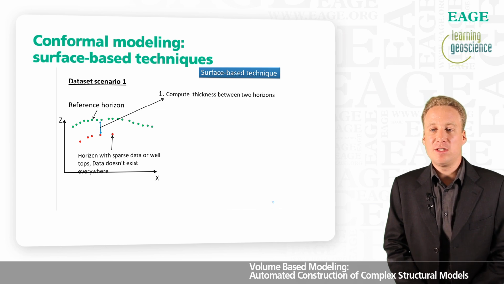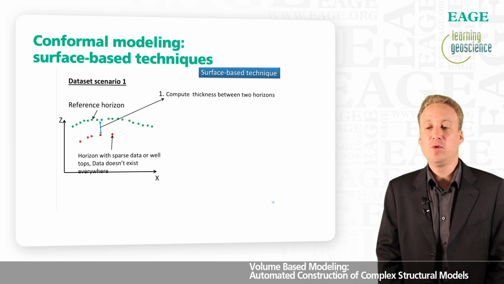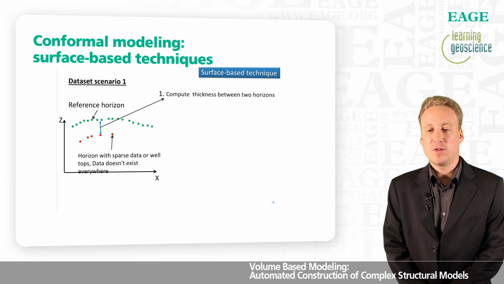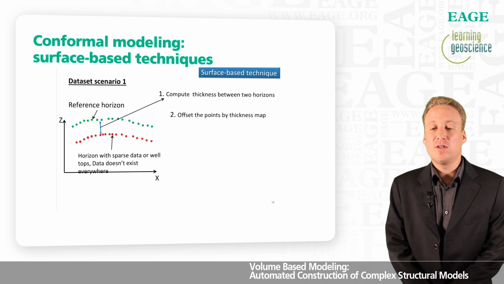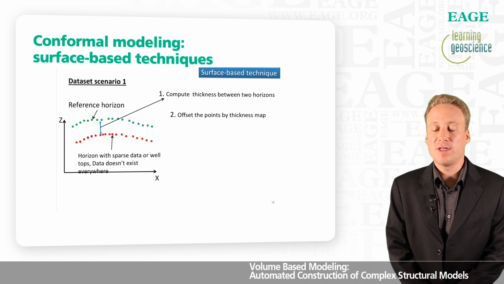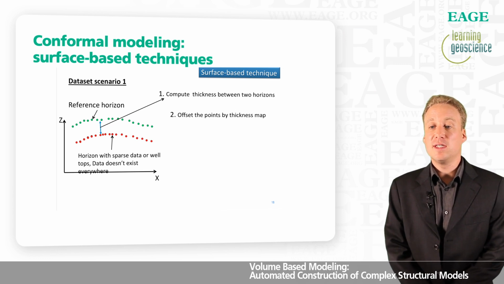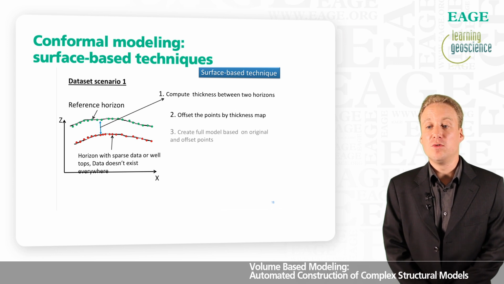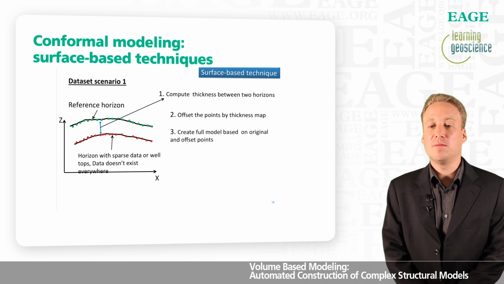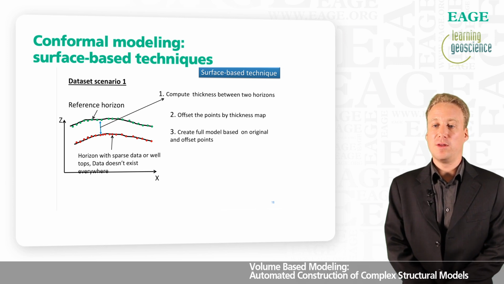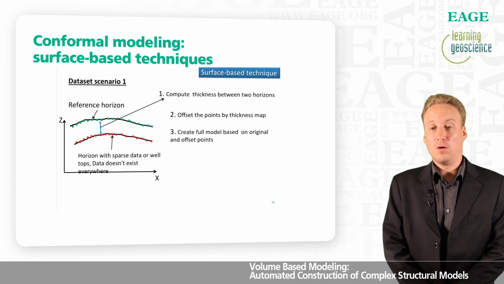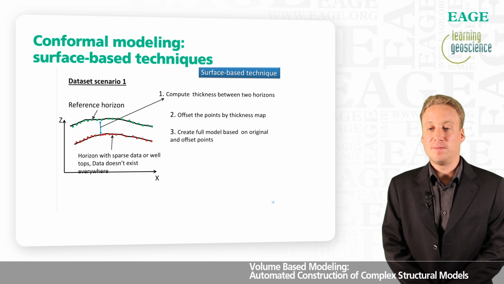In that case, what is done by surface-based technique is to compute first the thickness between both horizons, then to offset some of the points from the reference horizon using the thickness map that has been computed, and to model the second surface based on both the original points and the offset points.